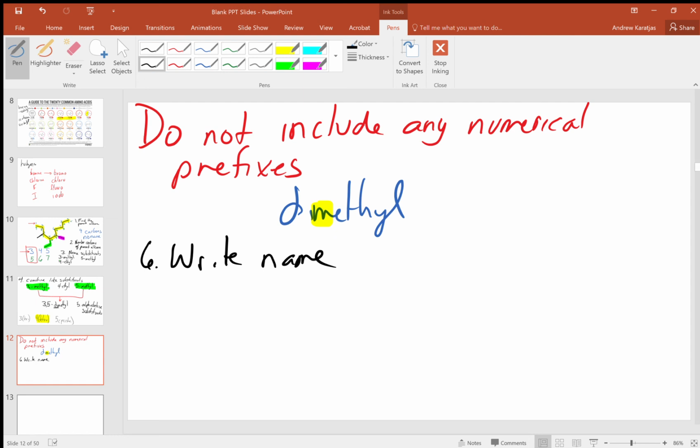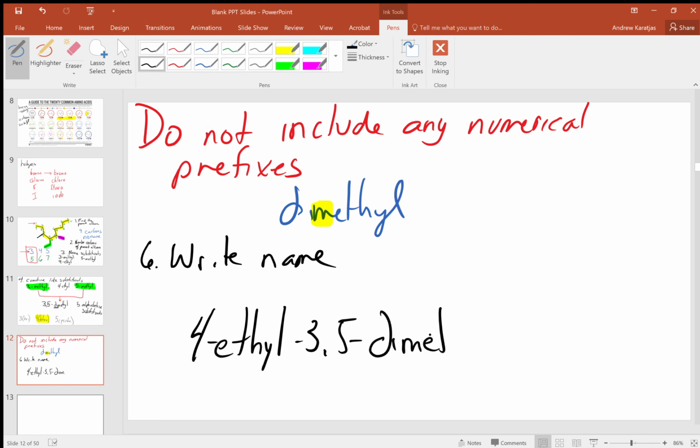So this molecule, again, ethyl gets alphabetized under E, whereas methyl gets alphabetized under M. So 4-ethyl-3,5-dimethylnonane.